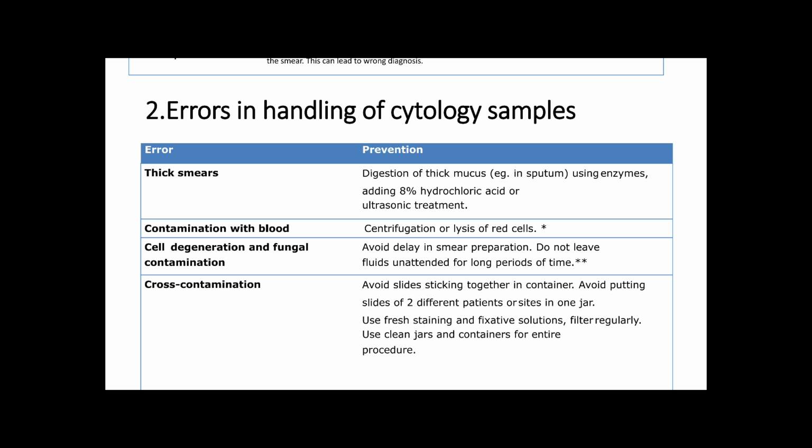For example, if the sample is sputum, use an enzyme, add 8% hydrochloric acid, or ultrasonic treatment to reduce the thickness. Next problem is contamination with blood. How to prevent this? Centrifugation or lysis of red cells.